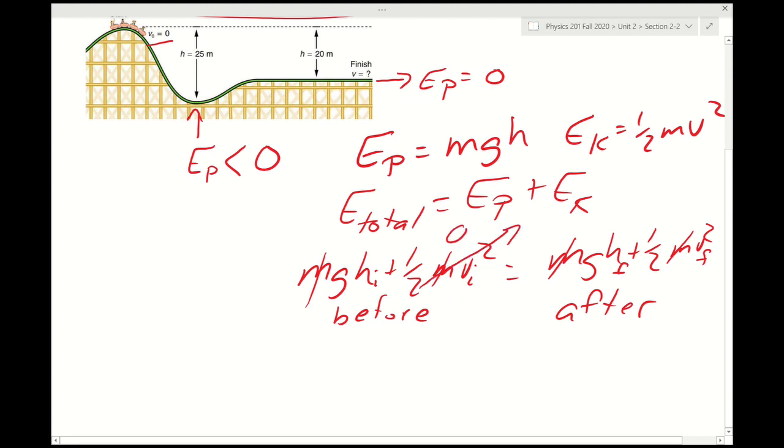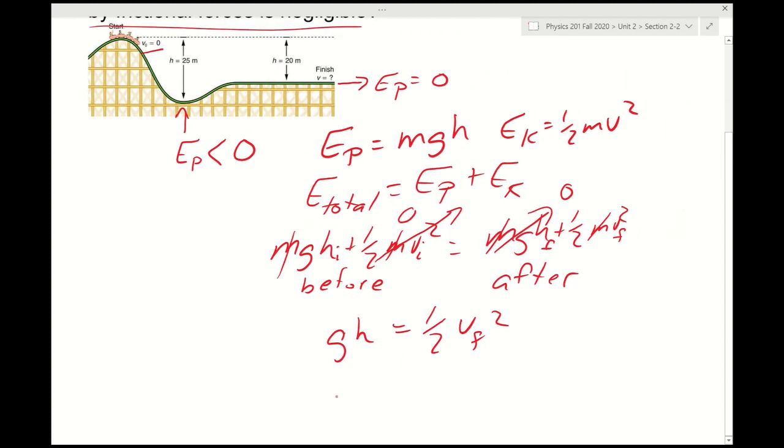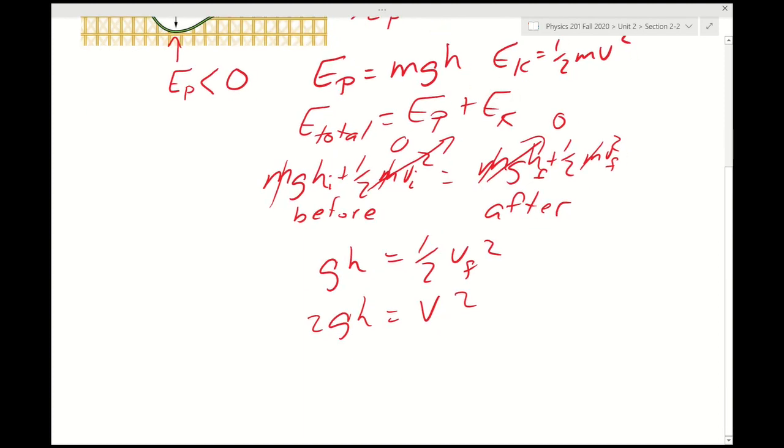Since we defined our reference level of potential energy at the 20 meters below the top, then that means this is all 0. So now we have GH is equal to 1/2 VF squared. 2GH is equal to VF squared. The square root of 2GH is equal to VF.